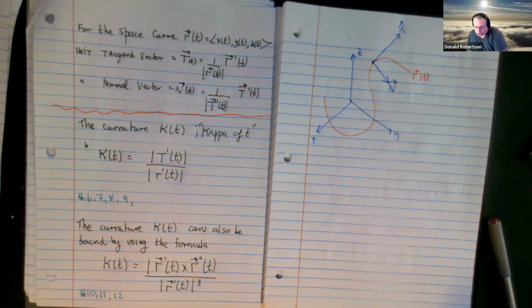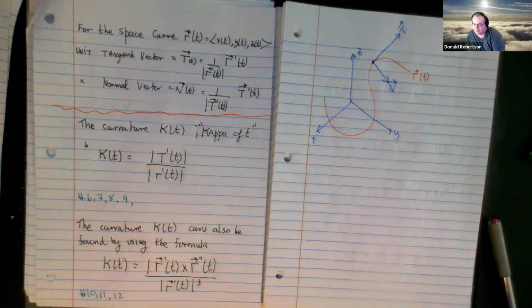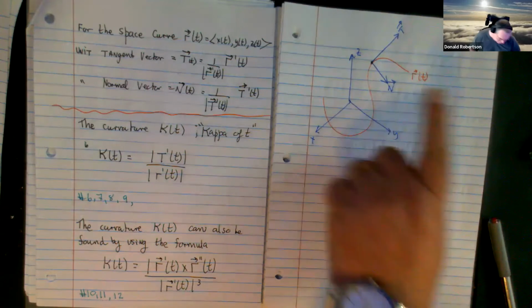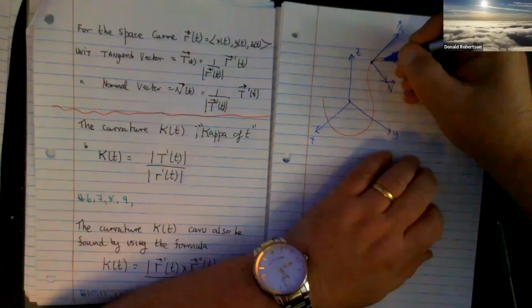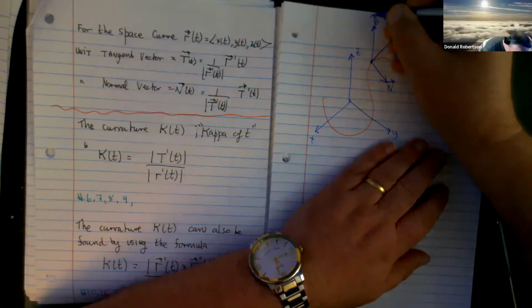If you've ever been in a roller coaster and it goes round a sharp bend, have you noticed that there's a force pushing you to the side? The direction of that force is what the normal vector is doing. Now we're going to calculate that one and that one, but for completeness, I want to tell you the third one. In my case, it looks like it's vertically upwards because it is.